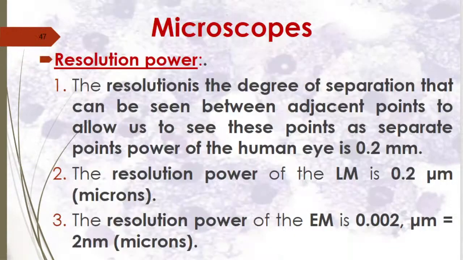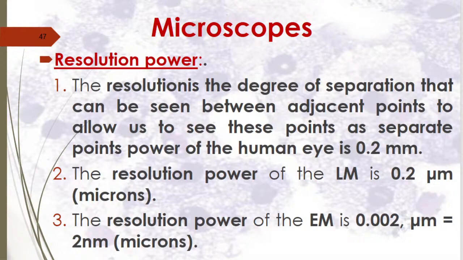Well, so what is resolution? Resolution power: the resolution is the degree of separation that can be seen between adjacent points, allowing us to see these points as separate points.